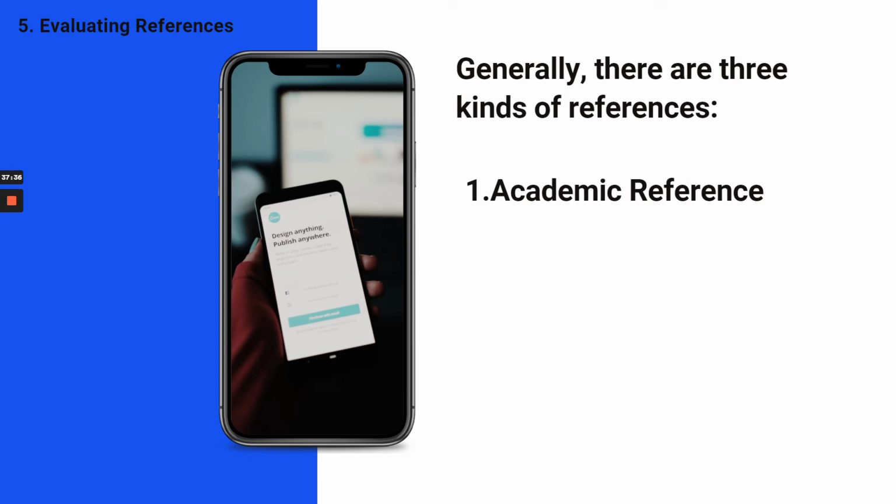Number one, academic reference. Academic reference may be requested from applicants who are new graduates, no? Kay wala pa man kay experience. So wala pa may experience ang imong applicant. So you as an HR manager, pag nakita nimo bag-ong graduate, you can ask for academic reference.